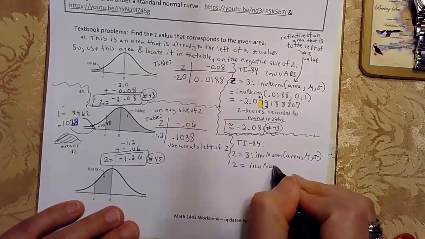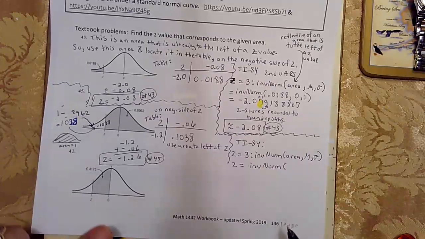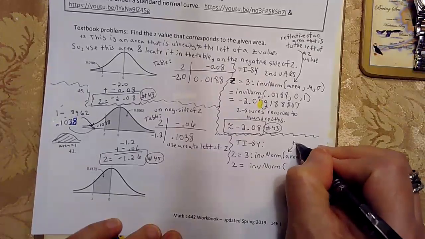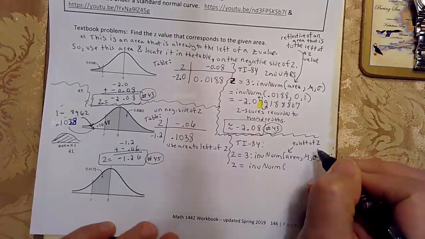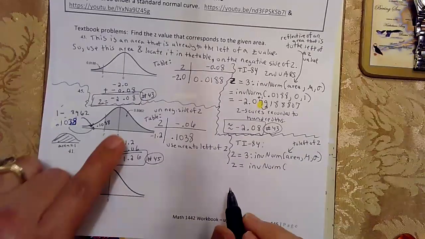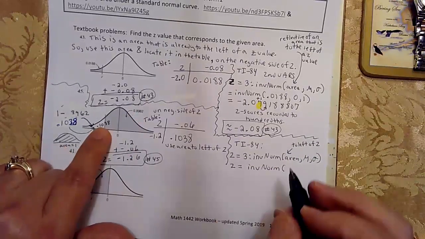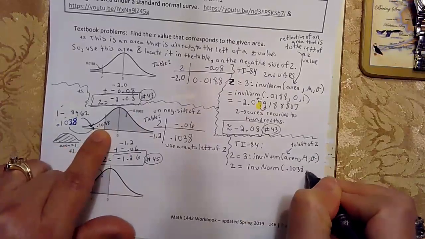Now remember, the area has to be the area to the left of Z. So don't use this one. Use this one. Zero and 1.